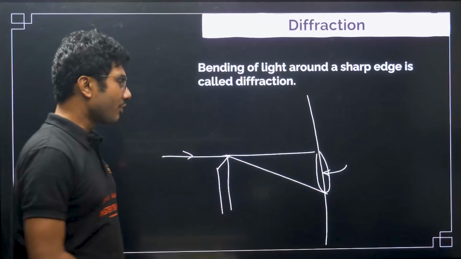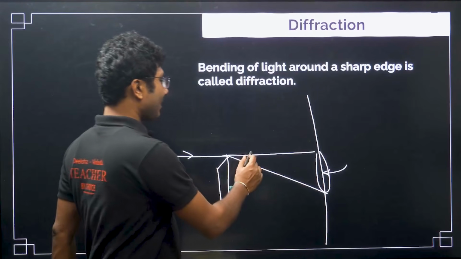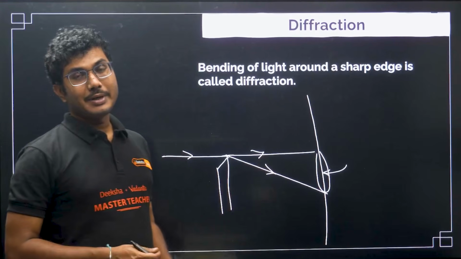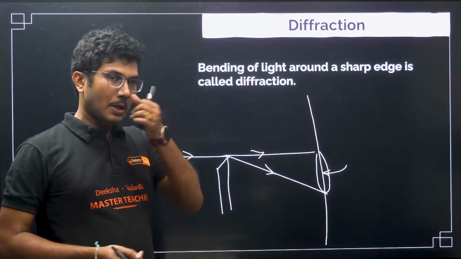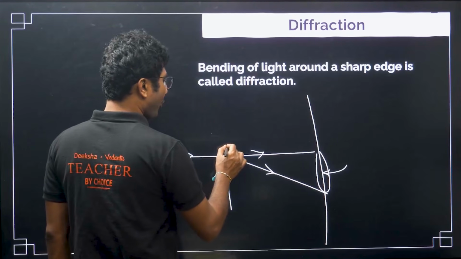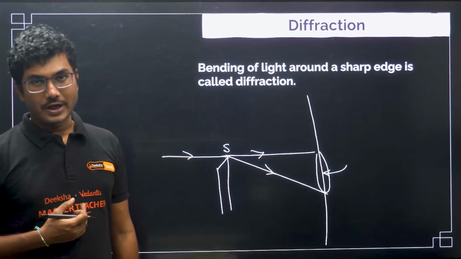We do observe some light actually bending. That means rectilinear propagation of light may not be 100% true, but actually it is true. What is happening here is that this point is behaving as a secondary source of light.